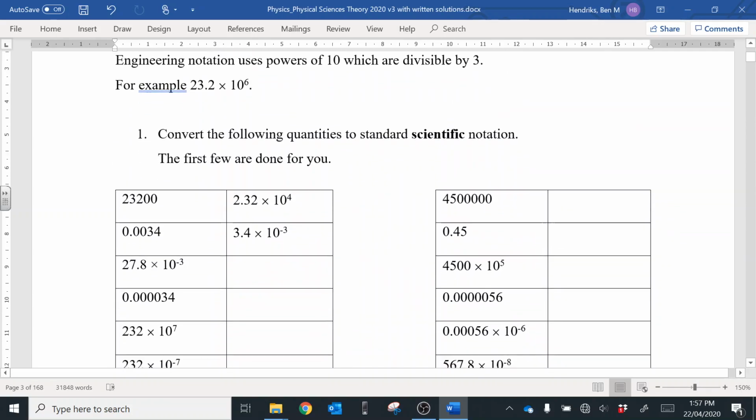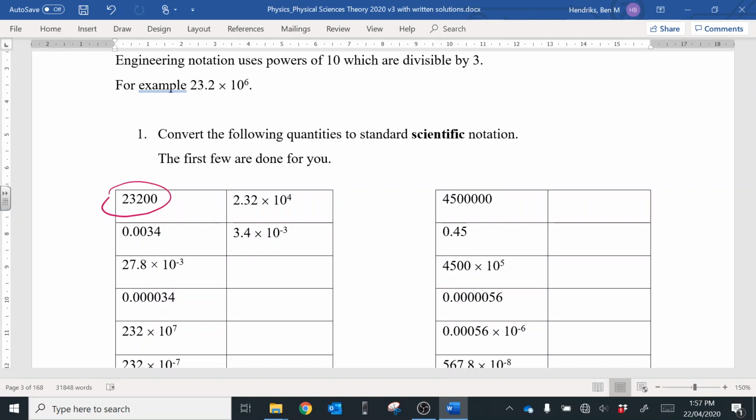Alright, so we've got: convert the following quantities to standard scientific notation. Let's look at the examples. The first example here is 23,200, and what we've done is we've taken the first number and put the decimal places after that. So we've got 2.32 times 10 to the 4.